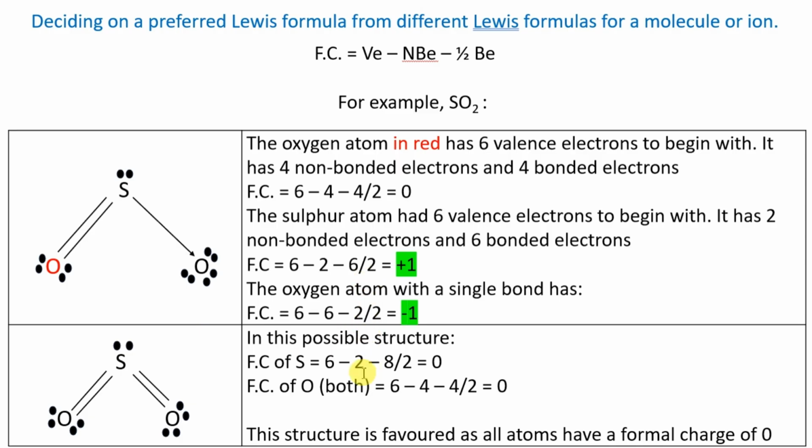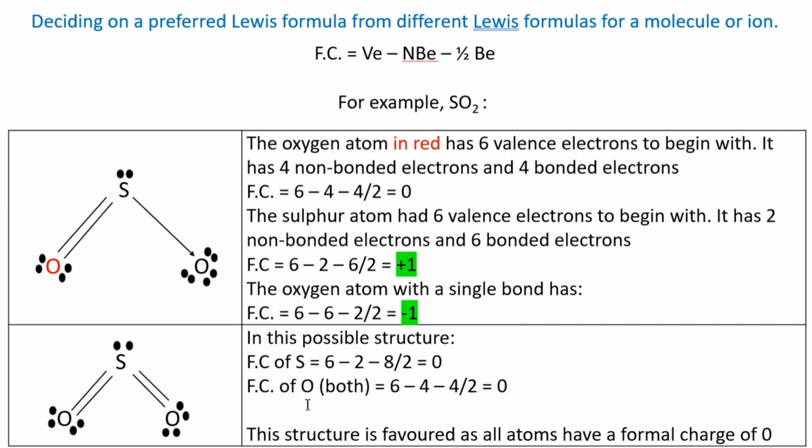Noticing that my overall formal charge is 0, has to be the case because this is a neutral molecule. Second possibility was sulfur making 2 double bonds to each of the oxygen atoms. In this structure, formal charge of sulfur, 6 minus 2 for the non-bonded pair, minus 8 over 2 for the 4 pairs of bonded electrons, coming to 0.